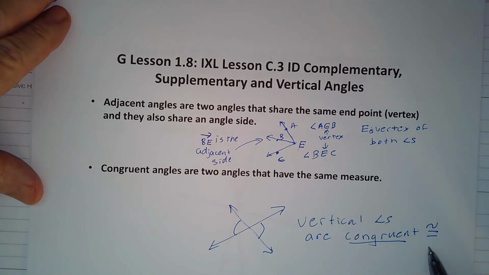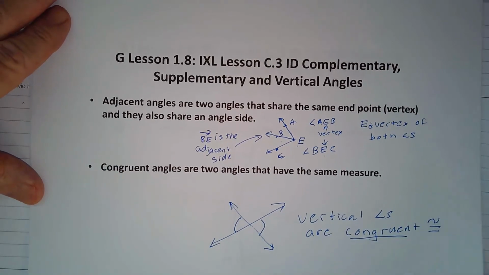So it's an equal sign with this tilde mark, this wavy mark on the top. That's the congruent symbol. Okay? And you would use that in geometry to replace equals. So it means the same as, the same measure. Okay? All right.